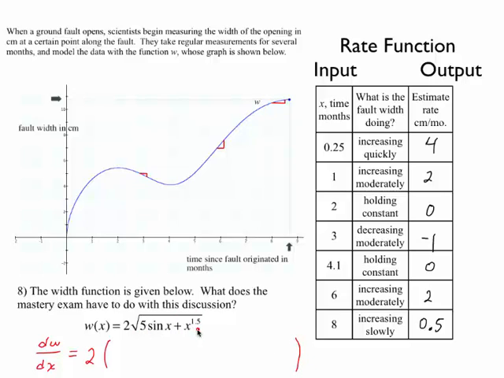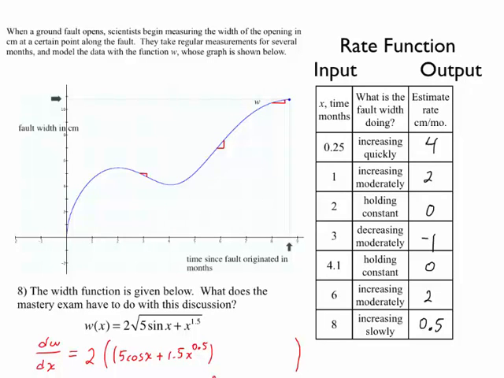Now this structure of this is chain rule. So we start with f prime, which is 5 cosine x plus. You should all be able to do this. You're masters, right? Or you should be. Right?